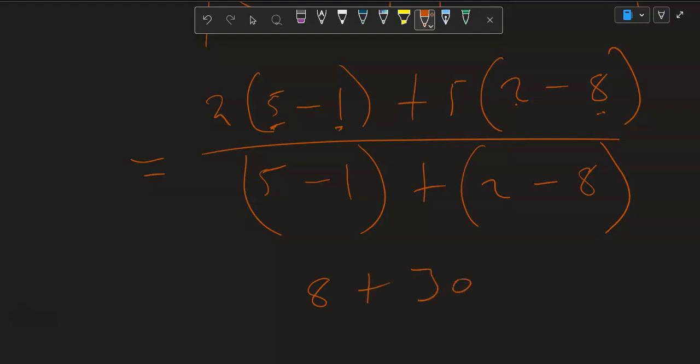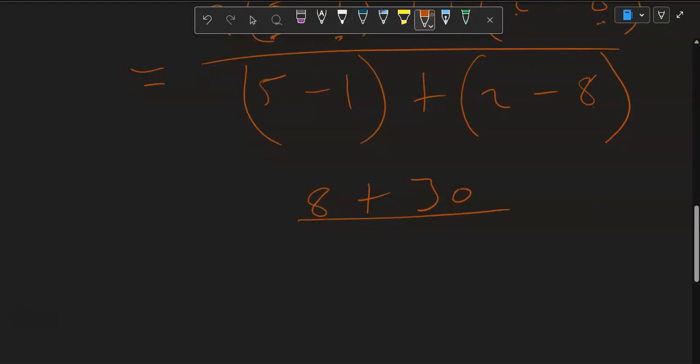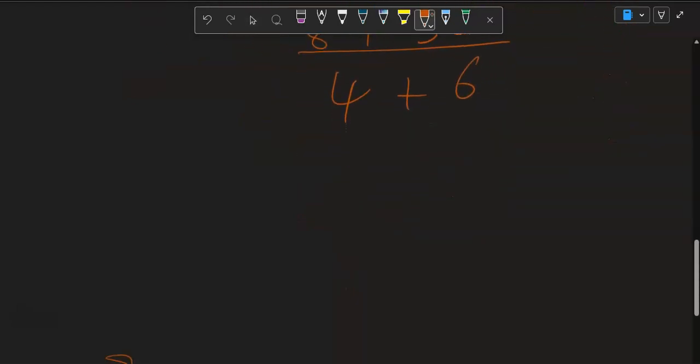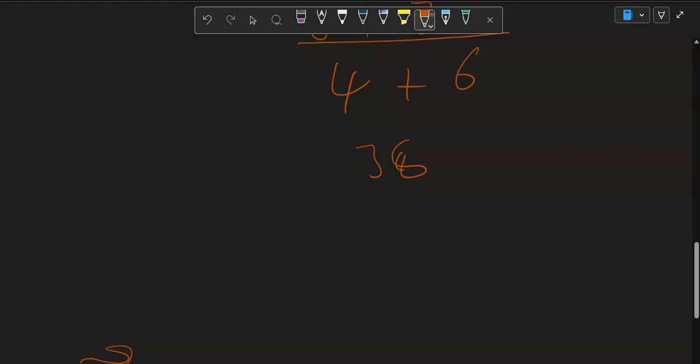Divided by 5 minus 1, that is 4, plus 8 minus 2, that is 6. Then we have 8 plus 30, that will give us 38. 38 divided by 4 plus 6, that is 10. So what is 38 divided by 10? That will give us 3.8.